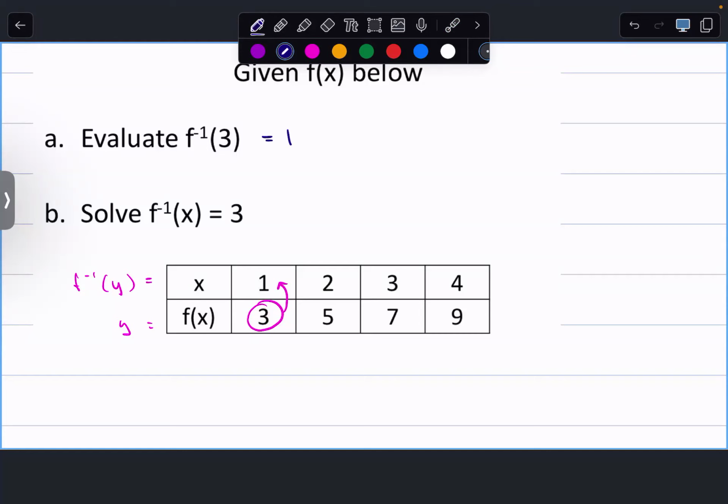And maybe I'll use a different color here, just because I'll do them on the same graph. And I'll use green here.